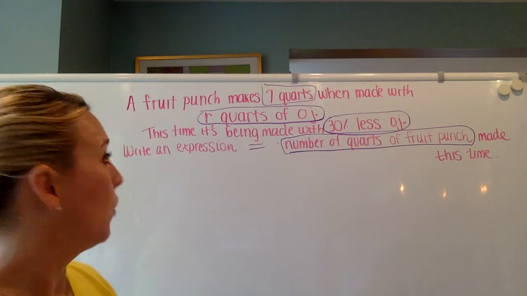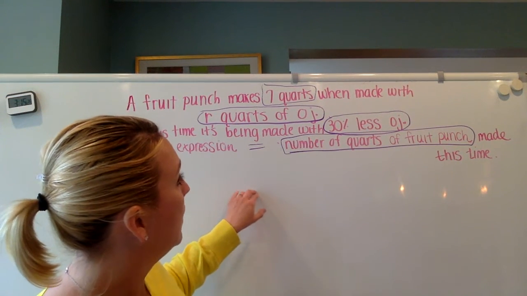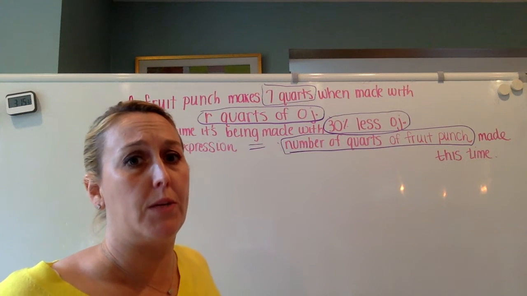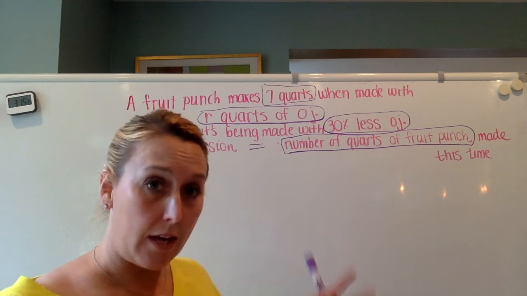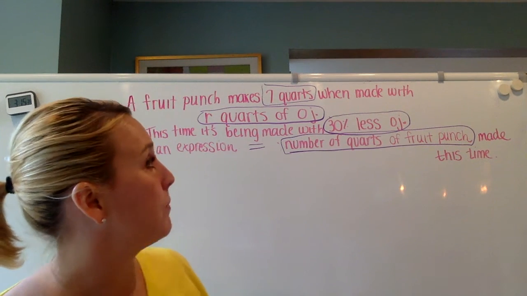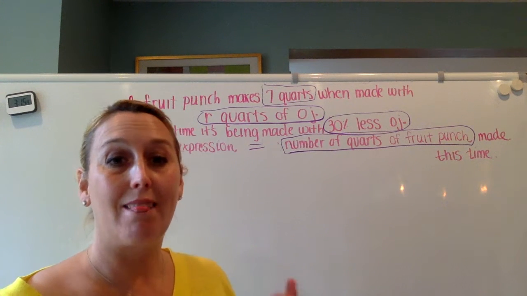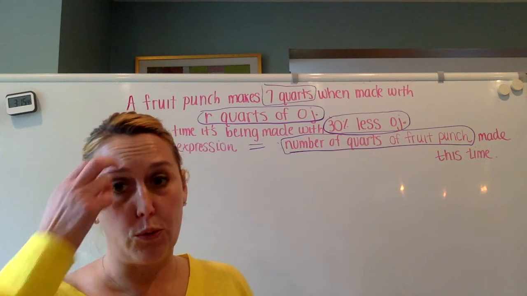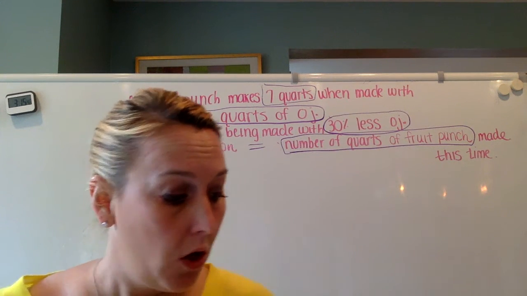So we know that our expression is going to be less than the 7 quarts, right? Because typically it's 7 quarts when it's made with R quarts of OJ. But this time around it's being made with 30% less OJ. We want to find out how many quarts are being made this time around.